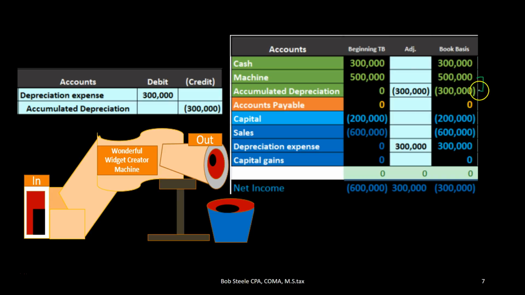The reason we don't put the $300,000 here and just write down the machine to $200,000 is because we want to recognize the fact that it is just an estimate. The machine's still there. It's not like we have reduced the amount of machine there. It's still one machine, but we're trying to recognize the fact that it has reduced in value. Also note that this $300,000, like we said, for tax purposes, there's often accelerated depreciation and whatnot.